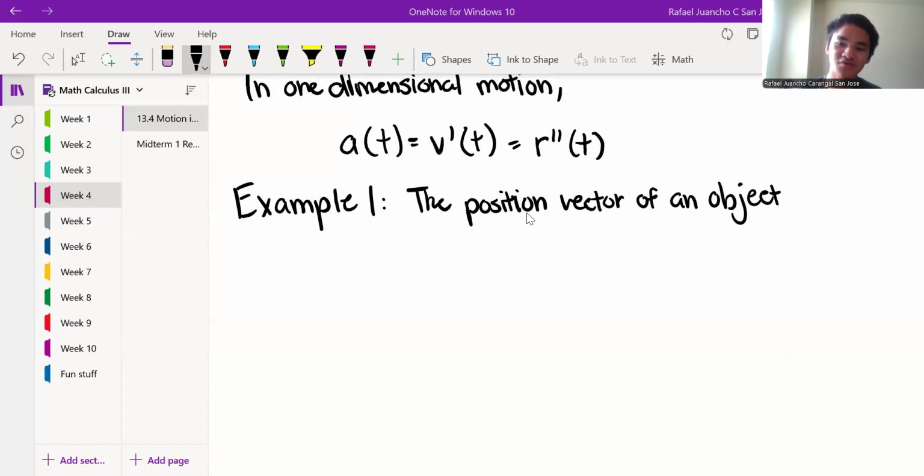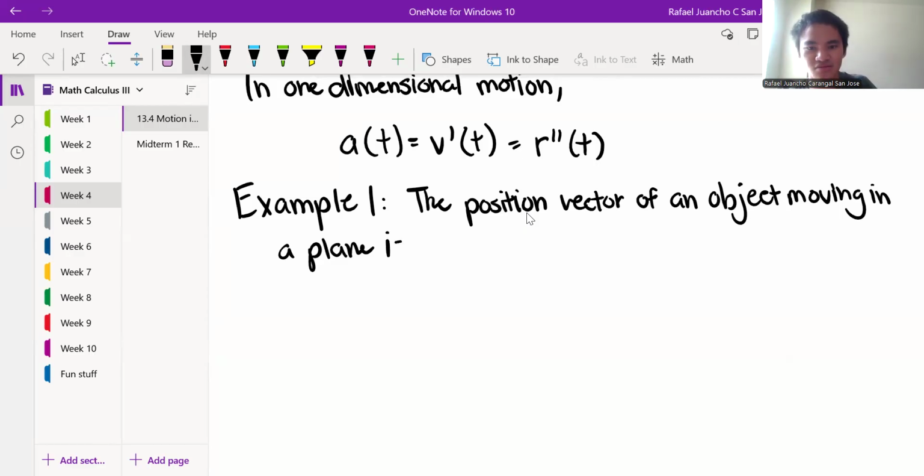So when I say it's in a plane, it's 2D. Doesn't matter what plane it is. It could be the XY plane, or a plane with XYZ, is r of t. So that's our position vector.